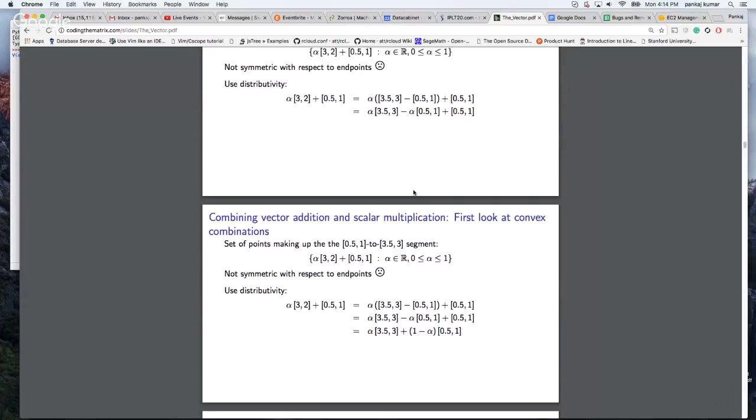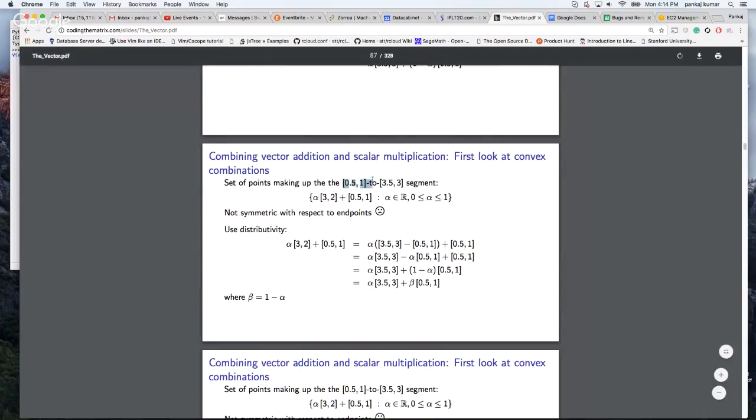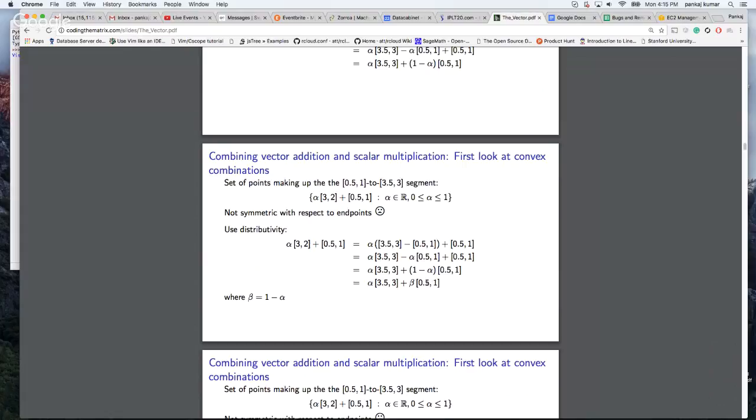And there's one more important result here. If you, for example, want to figure out all the points between (0.5, 1) and (3, 3.5), then at the end what you will get is a construct like this: alpha multiplied by (3, 3.5) and beta multiplied by (0.5, 1), where alpha plus beta add up to 1.